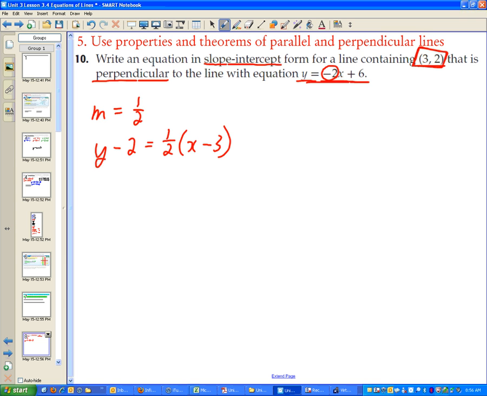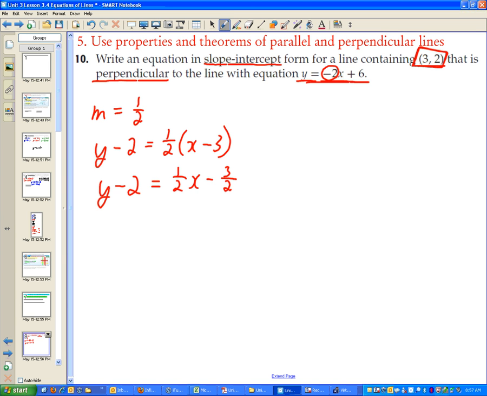Okay, so simplify the right by distributing the 1/2. That'd be 1/2 x. What's 1/2 times -3? And let's not write -1.5. Let's leave these as fractions. I should have said that already. Let's leave fractions as fractions. -3/2, right? 1/2 times 3, 3/2.